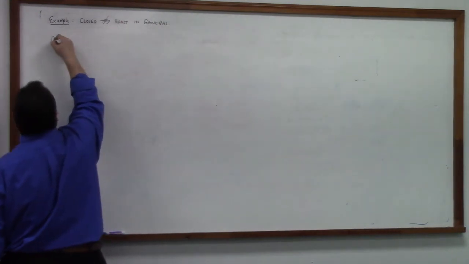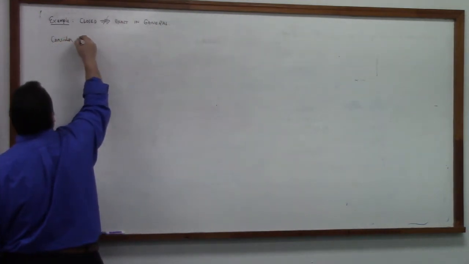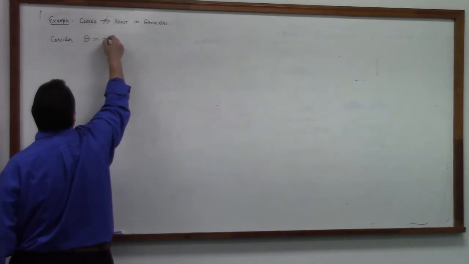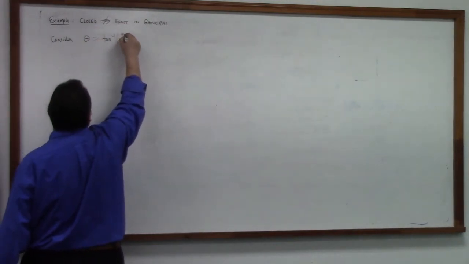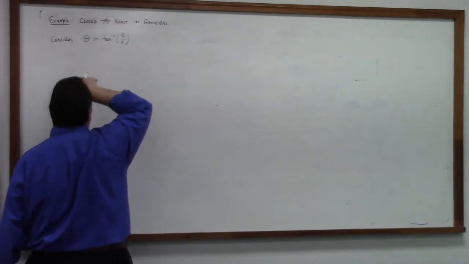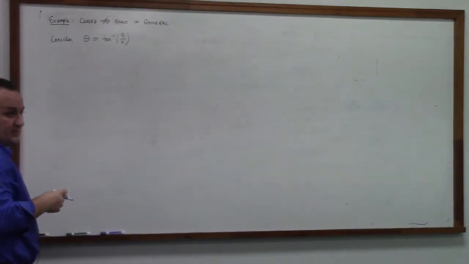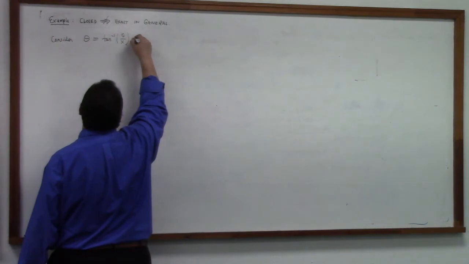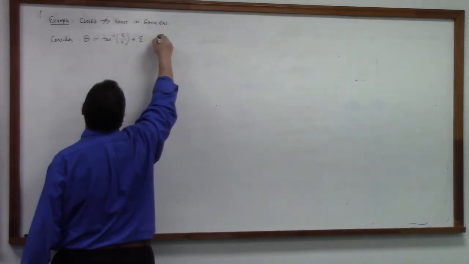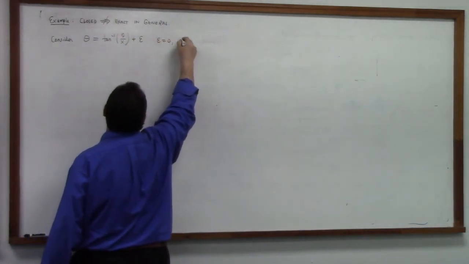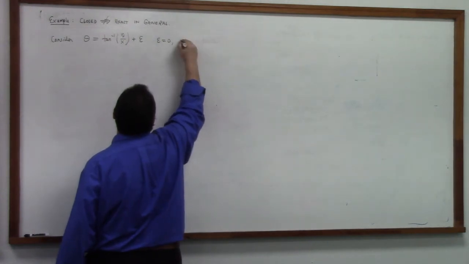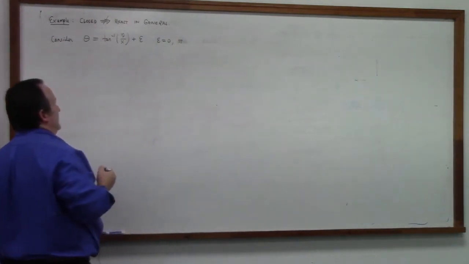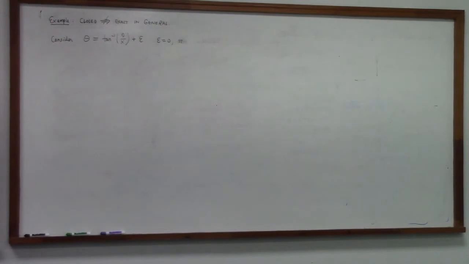All right, so consider theta. This is the inverse tangent of y over x, basically. Well, it's this plus epsilon, where epsilon is either equal to 0 or pi, depending on which quadrant you're in. As long as you're away from where x is equal to 0, this is the formula.